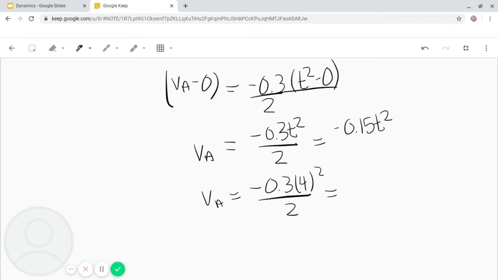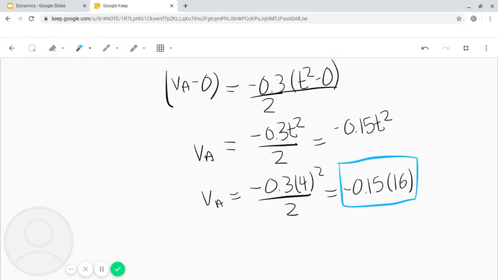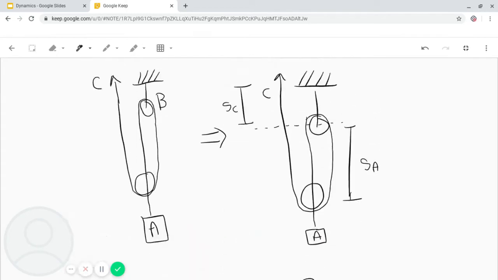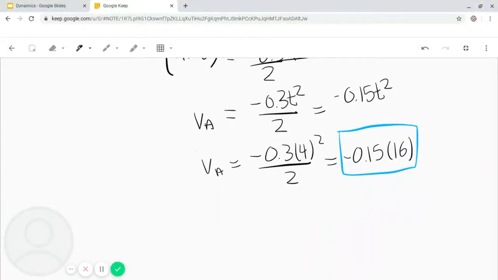And this would be equal to negative 0.15 times 16. And of course you can do the math there. I just don't have a calculator handy at the moment. But that is how we get from knowing just the acceleration of C and the time to knowing the velocity of A.